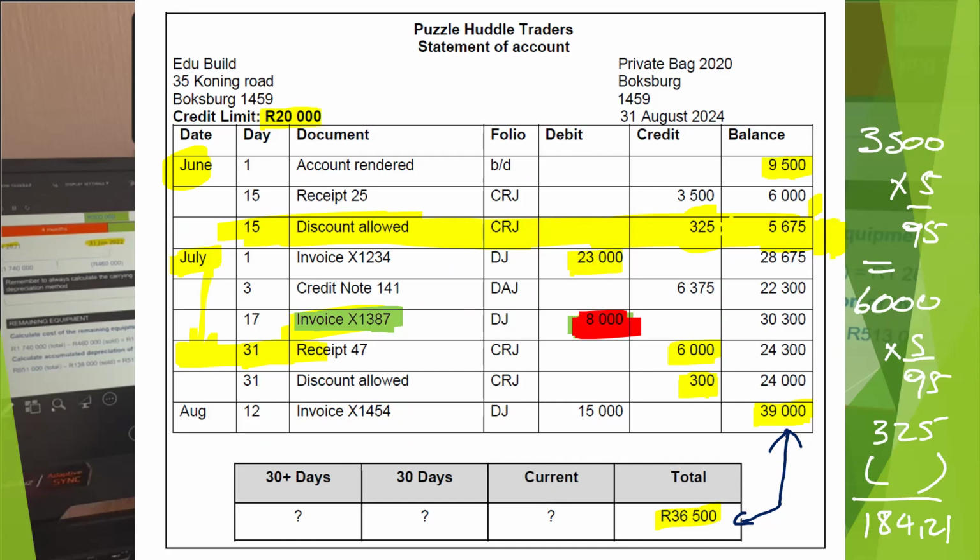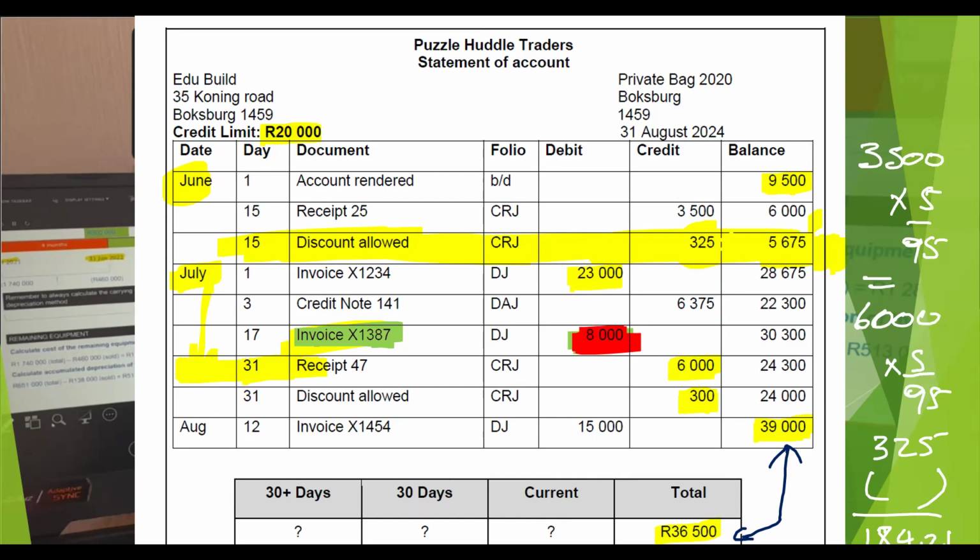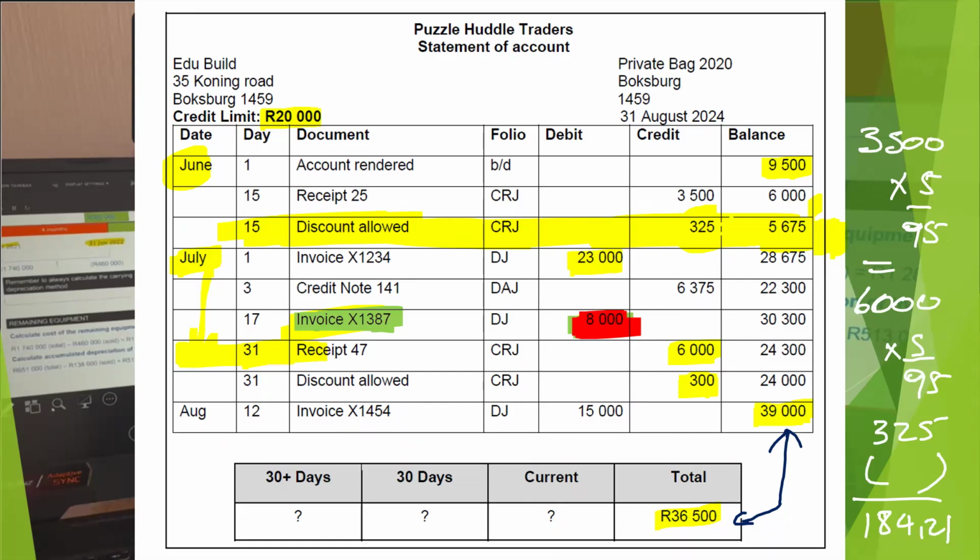So what we need to do when we correct the mistake here, we have to increase our debtors control by that difference. The reason why we're increasing our debtors control by that difference is because we over subtracted. You with me there?